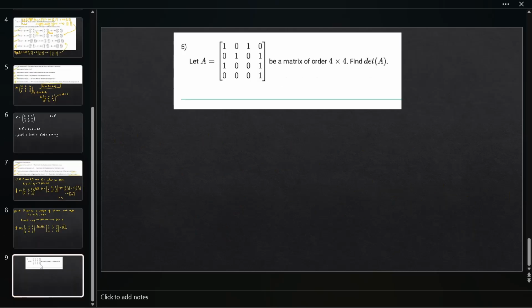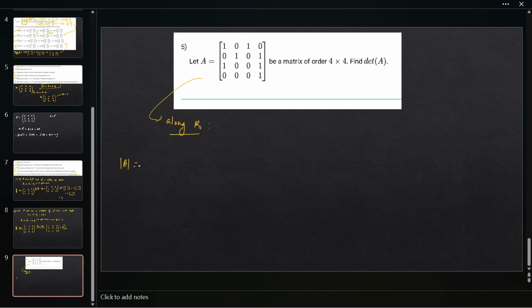Moving on to question number 5, which says to just evaluate this particular determinant. So we are given a matrix and we have to find the determinant of it. So let's expand it along row 1 maybe. So we are expanding along row 1. What will happen?